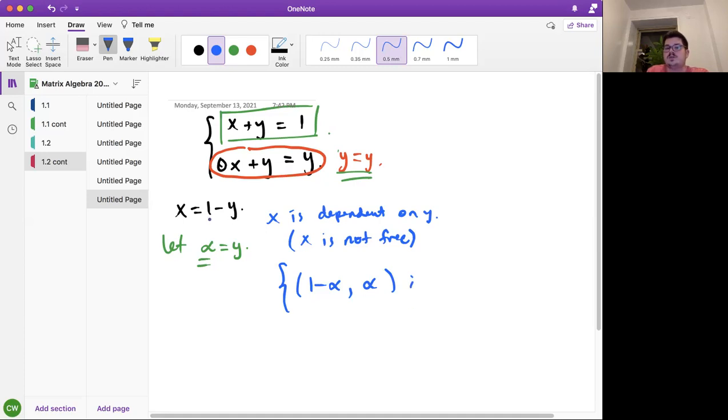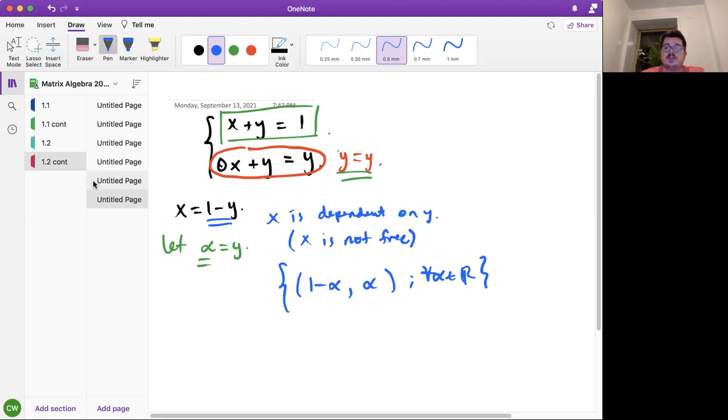Or not y plus 1, but right, 1 minus y. And for any alpha in the reals. Does that make sense? So there is a free variable here, but there's not two free variables.